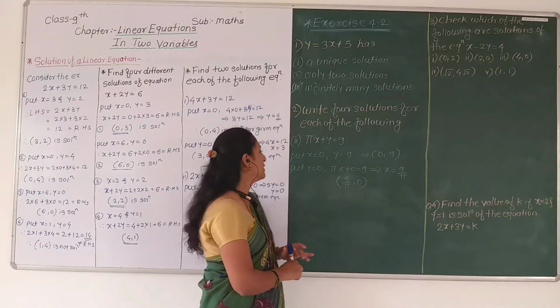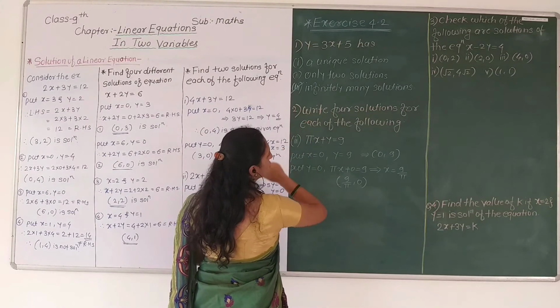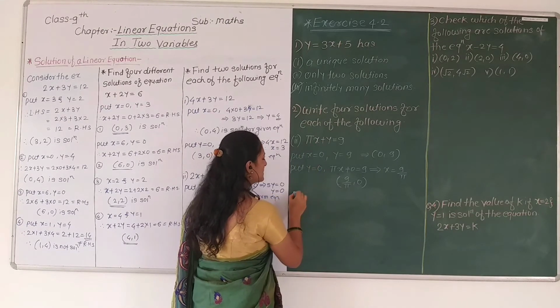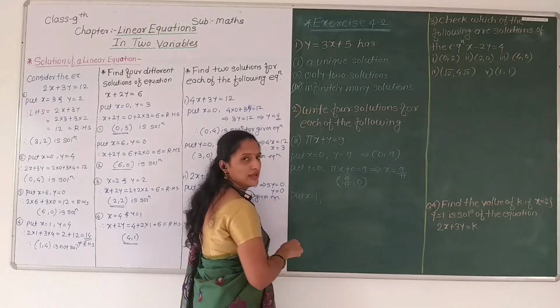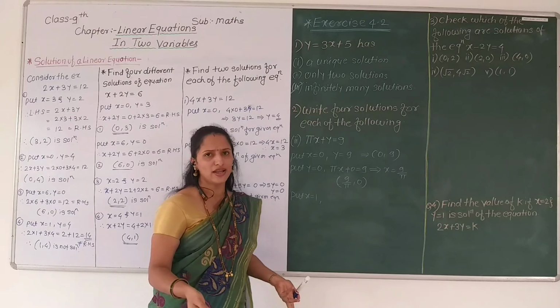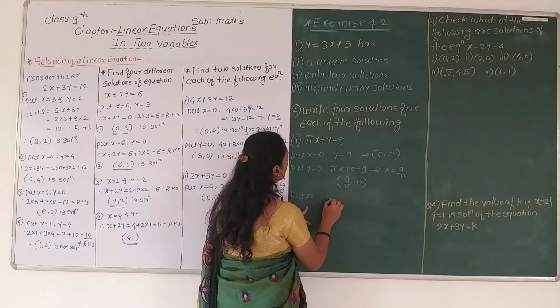Two solutions. Now we have to find two more solutions for this equation. For this, if I substitute x is equal to 1 here, we can put any value for x and obtain the value for y. So if I put x is equal to 1, let us obtain the value of y.